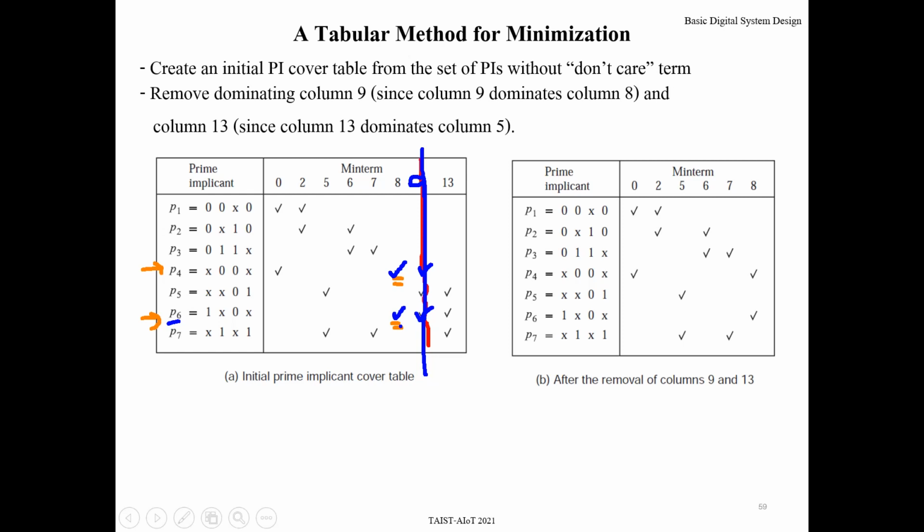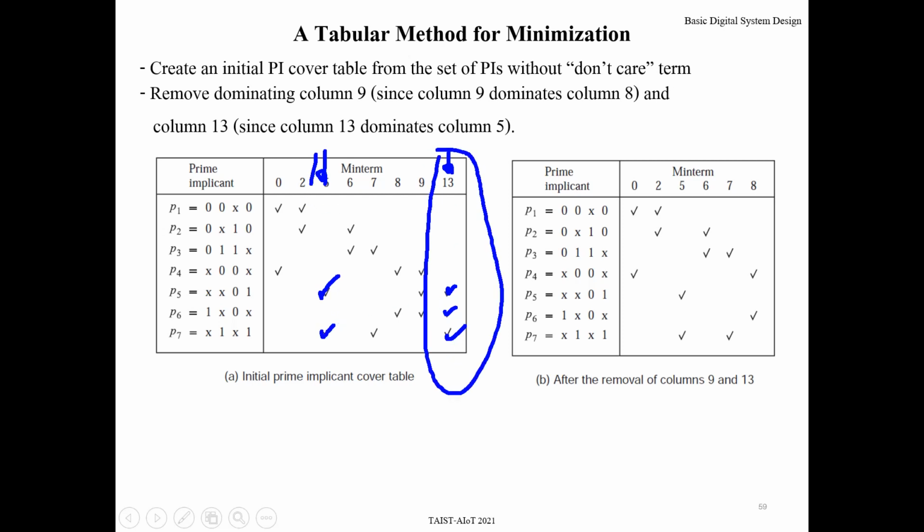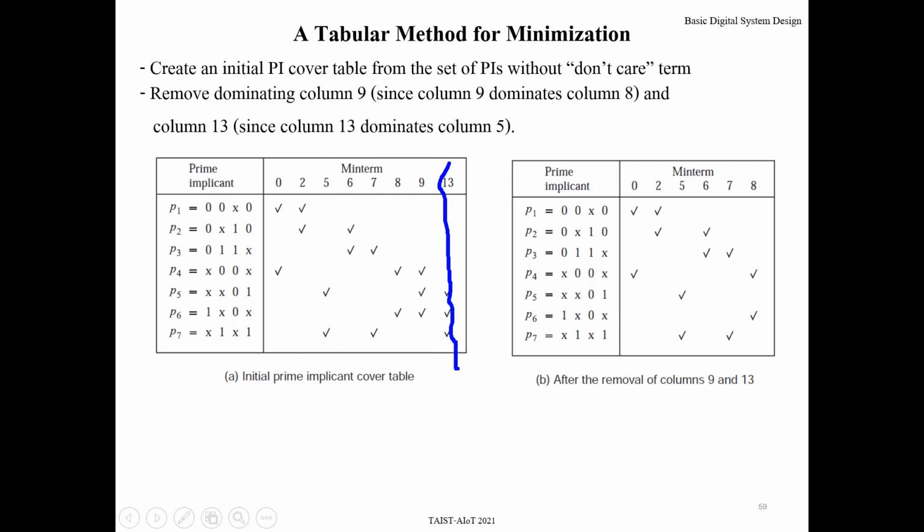Similarly, for column 13, 3 checks, and column 5, 2 checks. This column dominates this column, so we can remove the dominating column, because if you remove this one, the left check is here, so you must select this minterm.